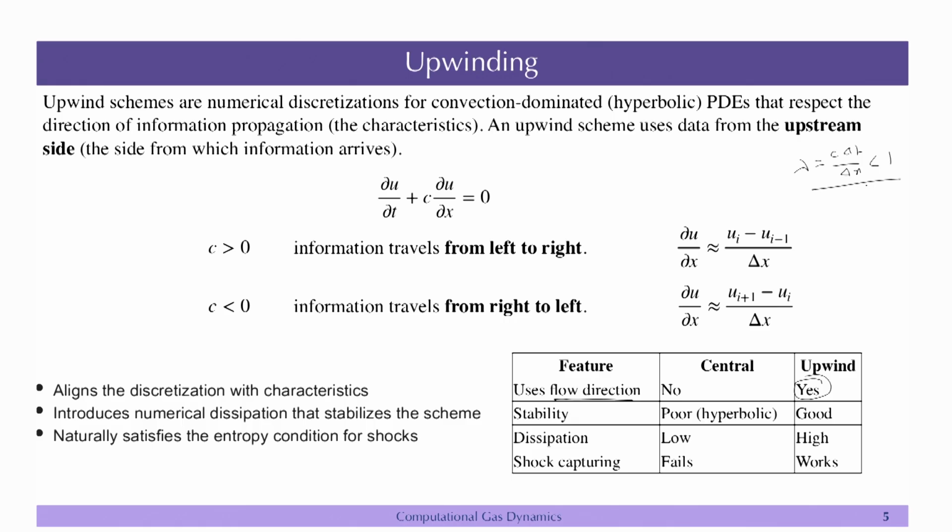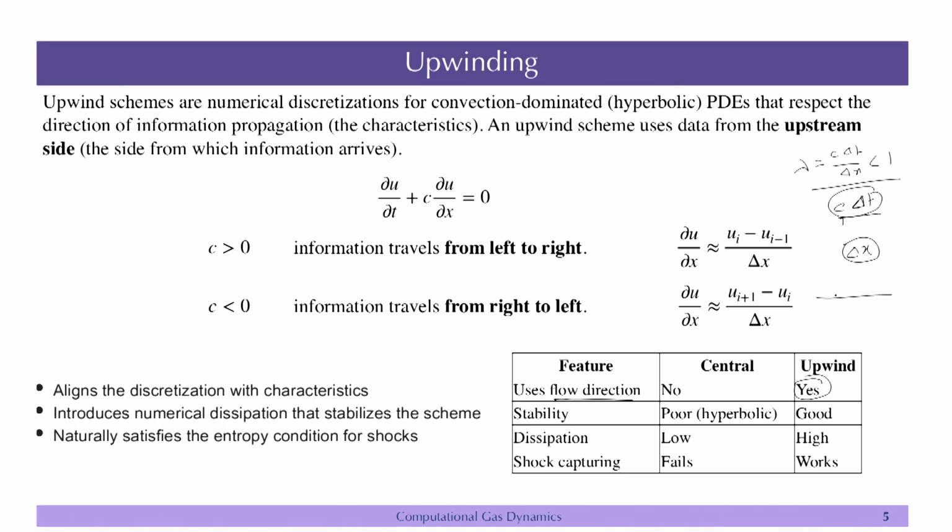What it actually means is that if C is the convection speed and delta t is the time step, the distance it will travel in one time step is C delta t, and the grid size is delta x. So when I say C delta t should be less than delta x, that means C delta t by del x should be less than 1.